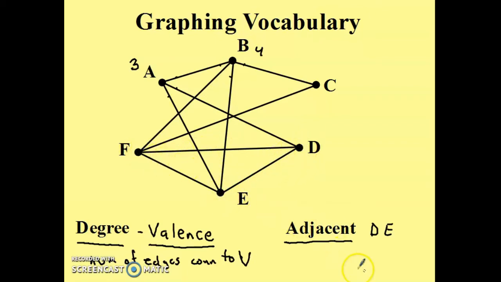But D is also adjacent to F, because D and F are connected with an edge. D is not adjacent to C because there's no edge connecting them. So adjacent vertices are connected with an edge.